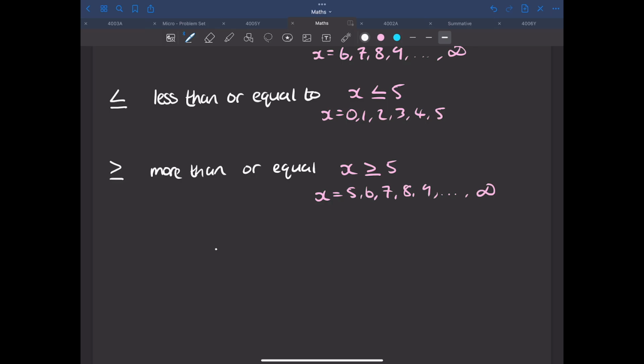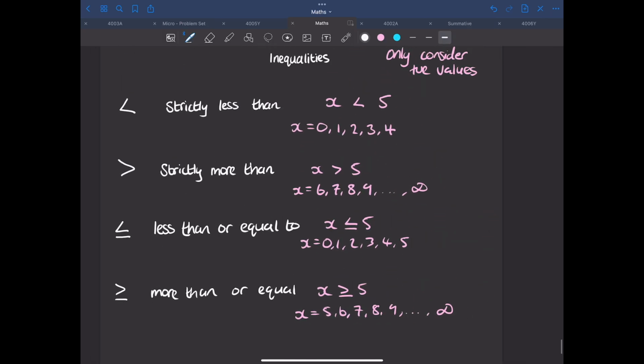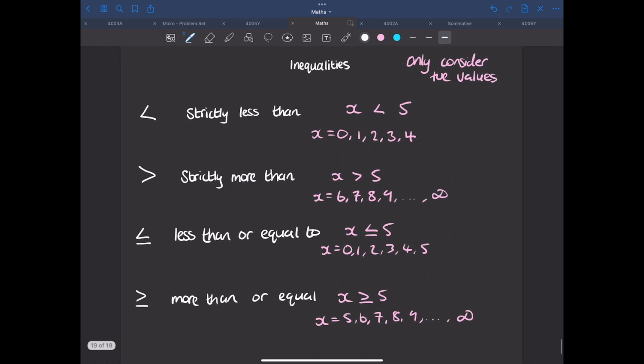And then more than, which was this one, is like 5, 6, 7, 8. I'll do the inequality a bit nicer. So it's still closing in, but it's closing into the positive region. And when you go to the positive, when you add things together, it becomes larger. So that's why it's more than. Might not work for everyone, but it's pretty logical to me. I made it up myself, which is quite nice.